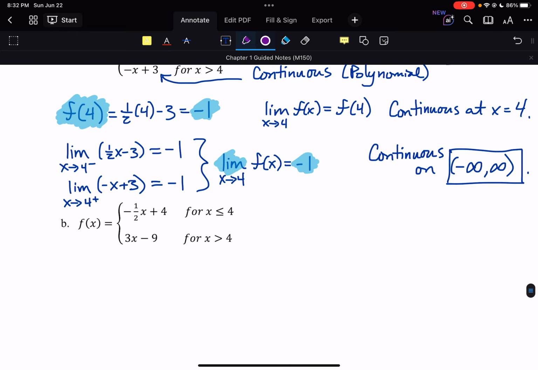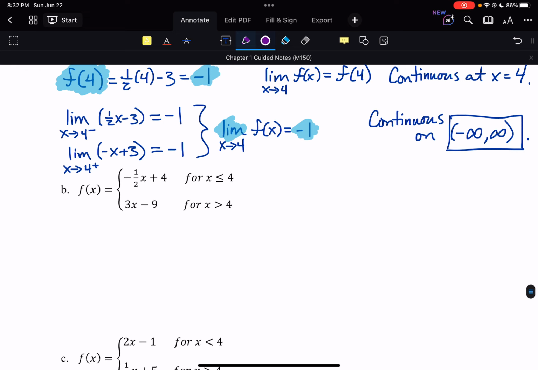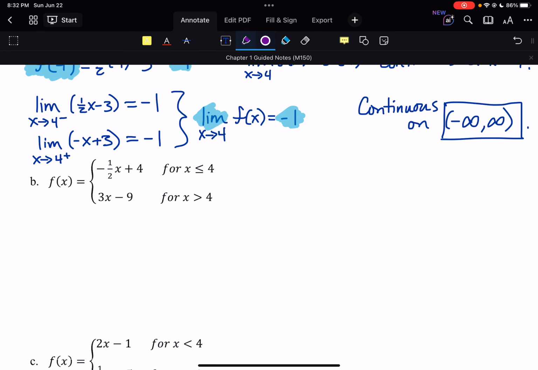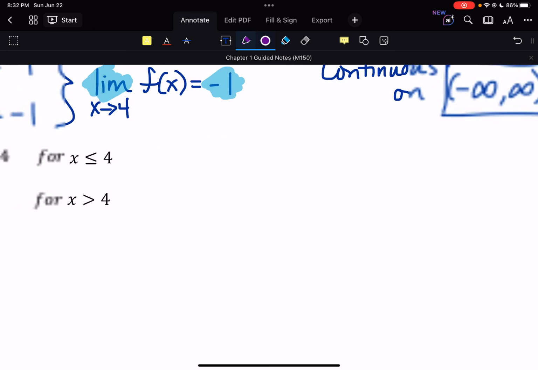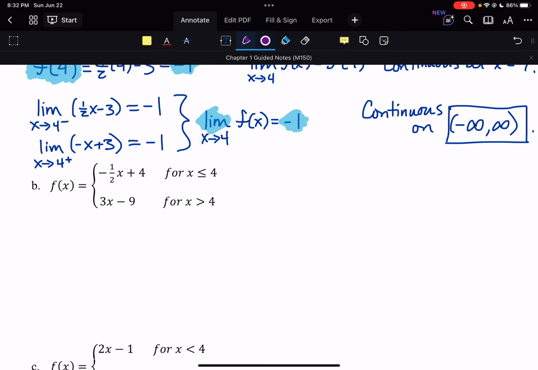Let's try another example, pretty similar in style, and we still are using 4 as the splitting point here. So we have a similar situation, two linear functions that are going to be continuous on their separate pieces of the domain. But the question becomes, what about at 4?